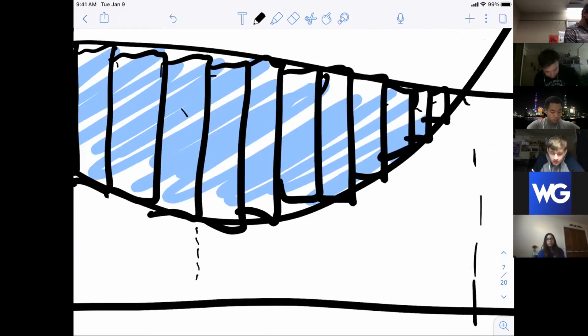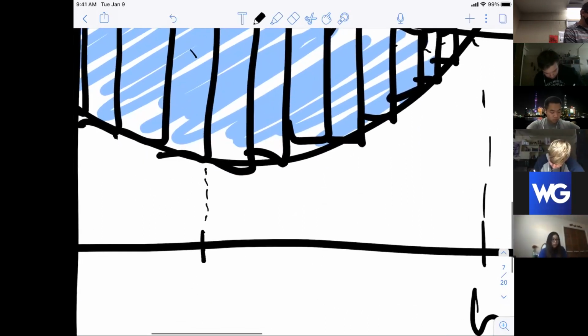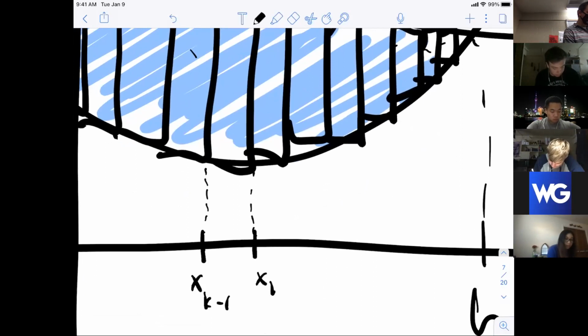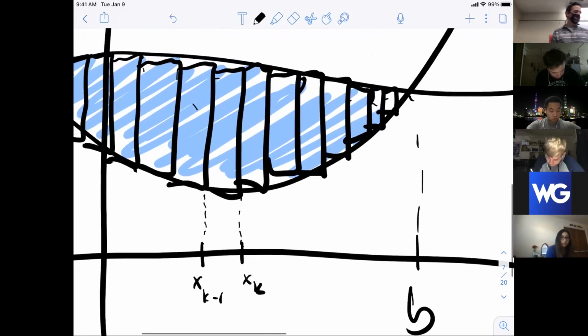This rectangle, we'll say, has a left endpoint of x_{k-1} and a right endpoint of x_k. Okay. So if I want to find the area of this rectangle, because remember, curvy, hard. Rectangles, easy. So instead of finding the area of the curvy thing, let's find the area of a rectangle.